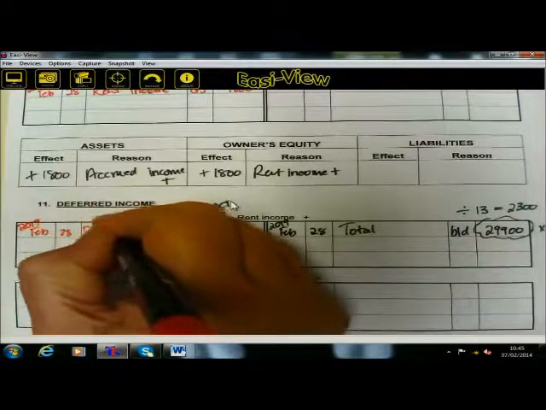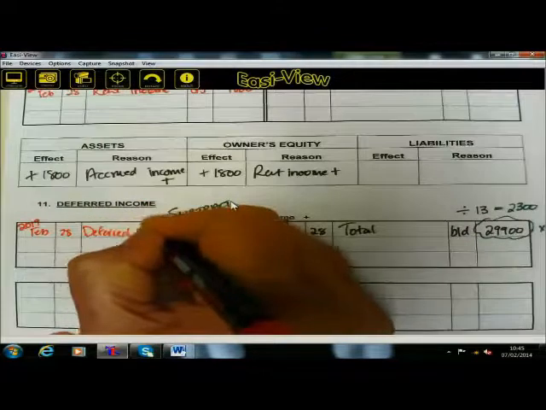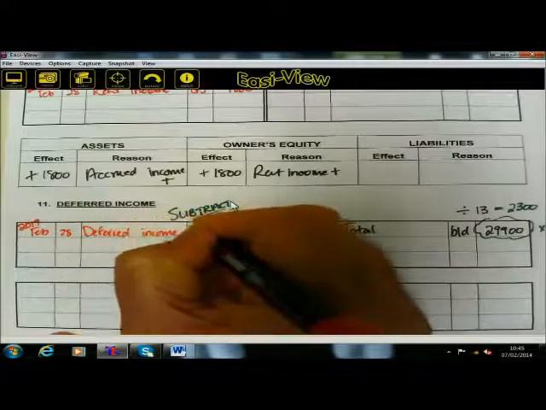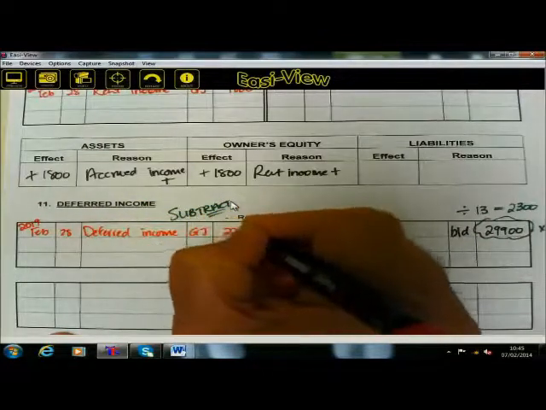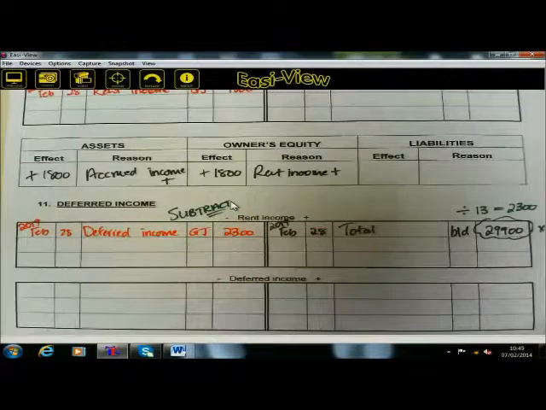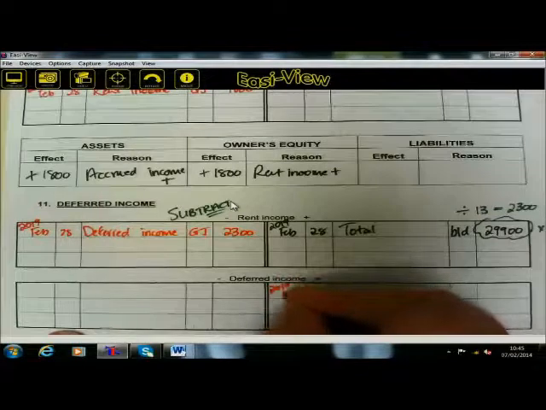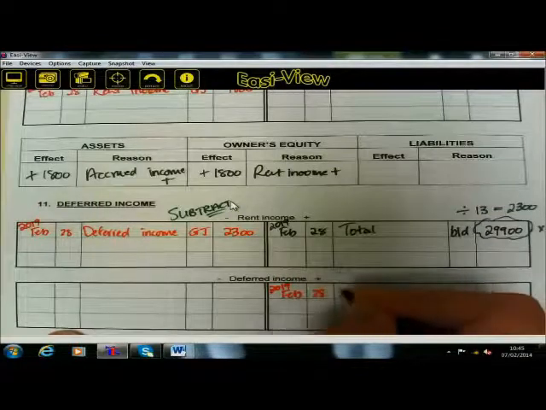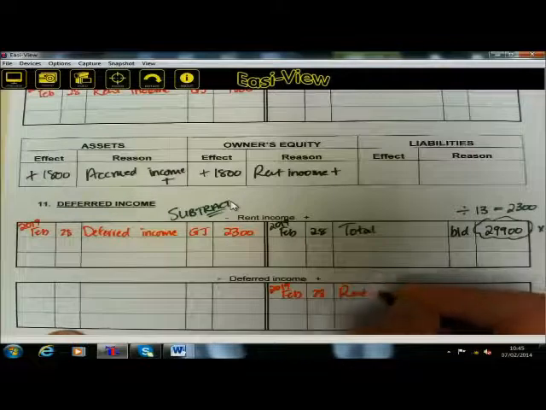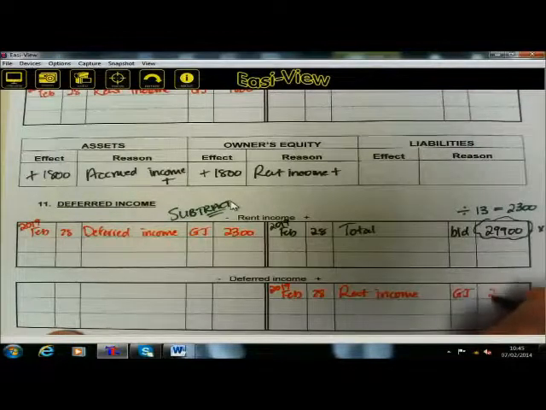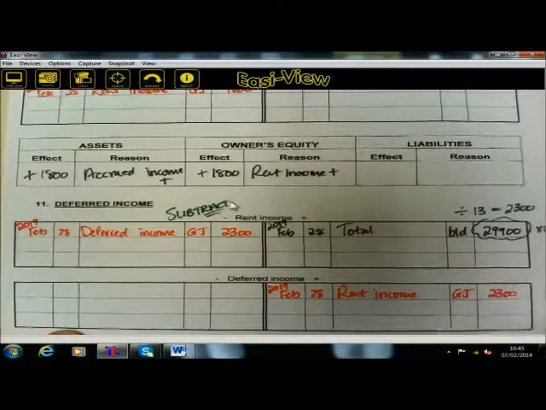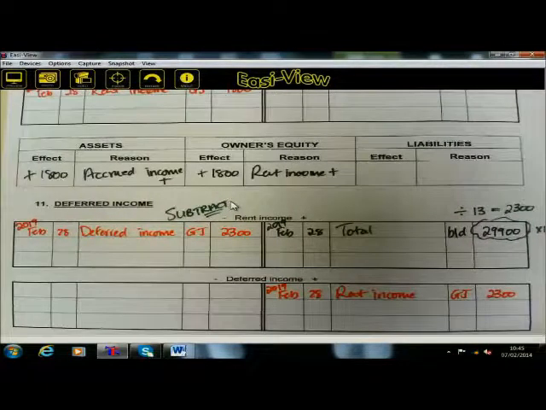Deferred income is the 2,300 Rand, that 1 month that we received in advance. And then on this side, 2019, February 28, rent income, 2,300 Rand.